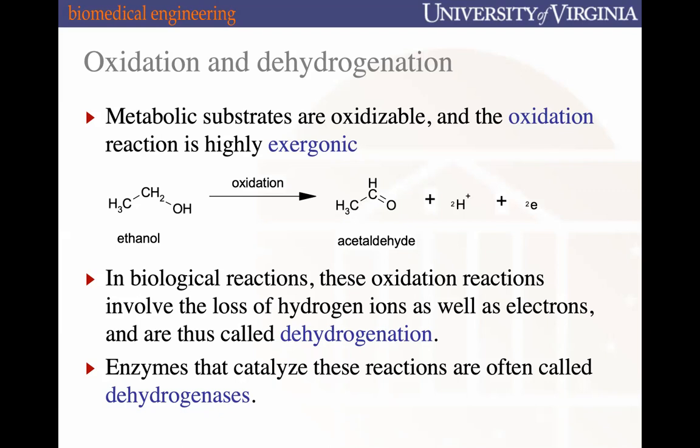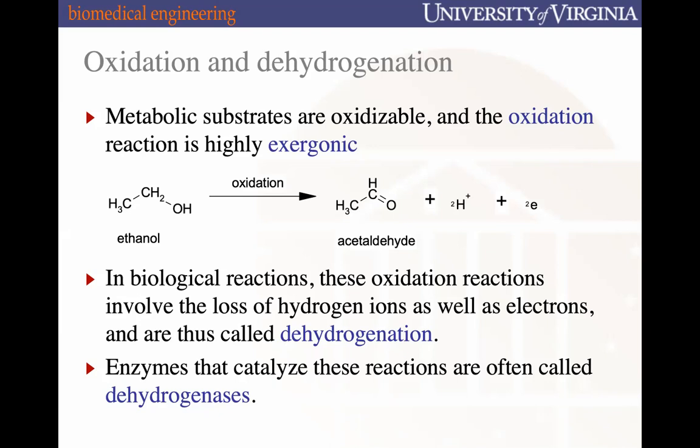And so a lot of the metabolic substrates that we're going to talk about throughout this lecture, as well as the next lecture, and particularly important for eukaryotes, are oxidizable substrates. And the oxidation, again the loss of electrons, is highly exergonic. What that means is that it is highly energetically favorable.